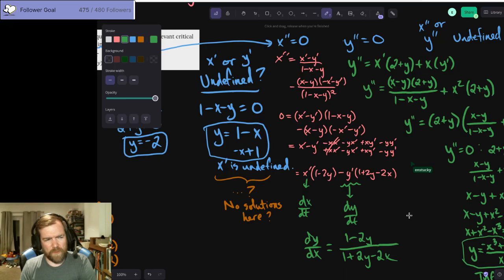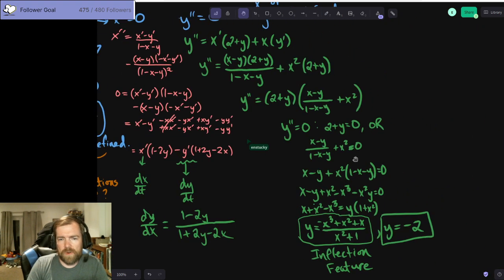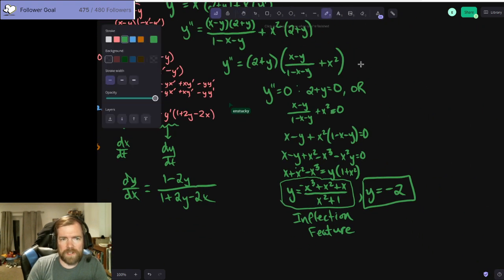So yeah, kind of weird and probably a little gross, but what if 1 minus x minus y is equal to 0? Yep, that's also a good point. So we would also say that from the beginning there.